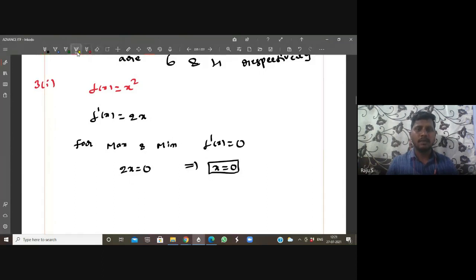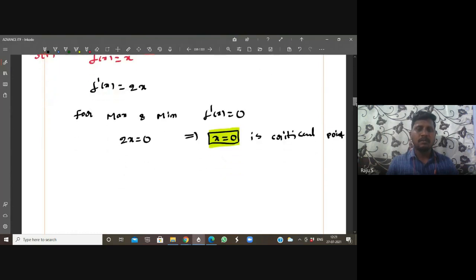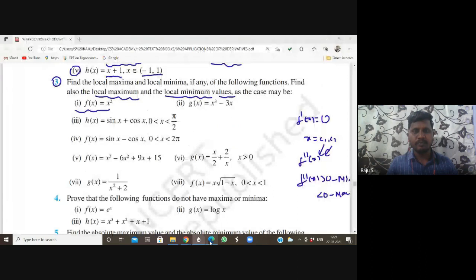So we got that critical point here, x is equal to 0. Okay, f dash of x is equal to 2x. For maxima and minima, we have to equate this first derivative to 0. We will get the critical point, that is x is equal to 0.